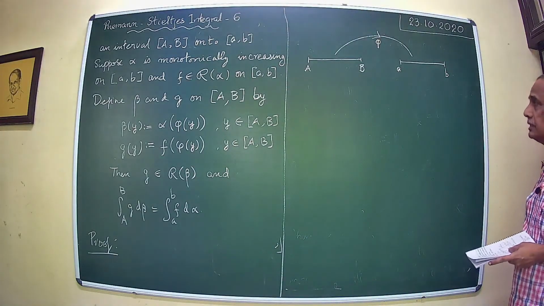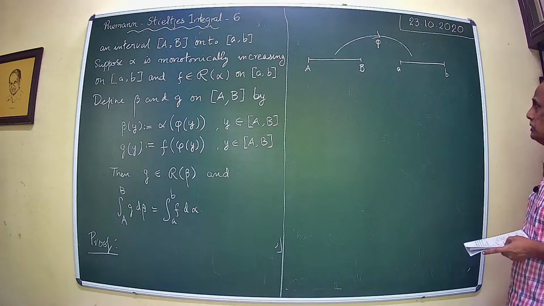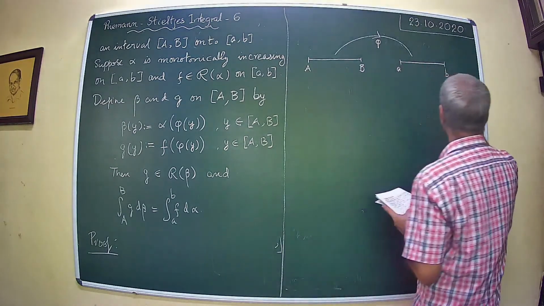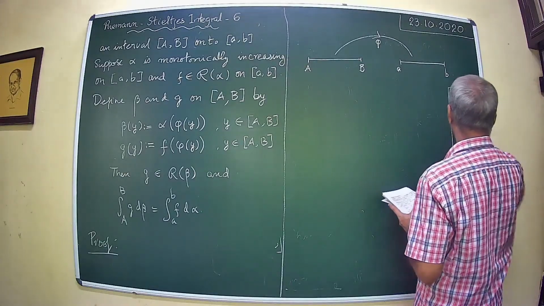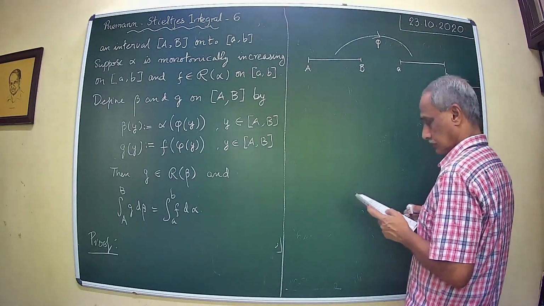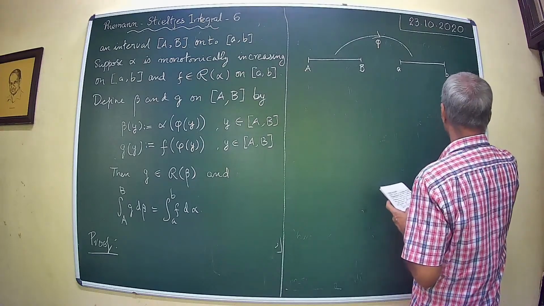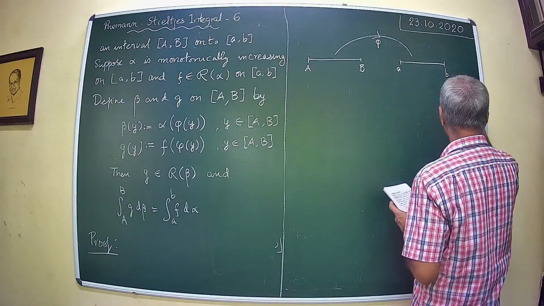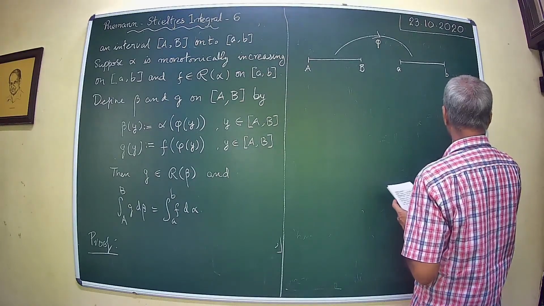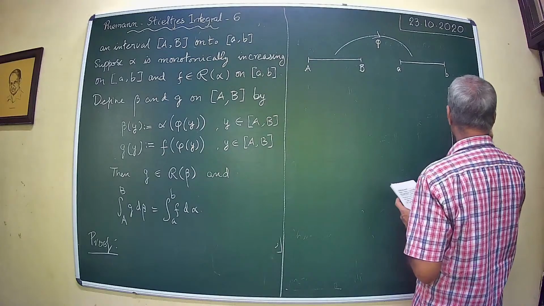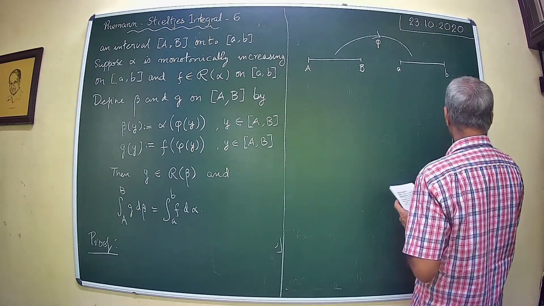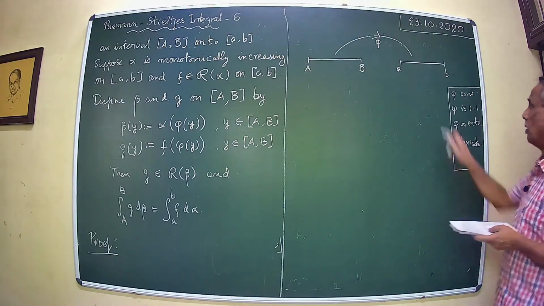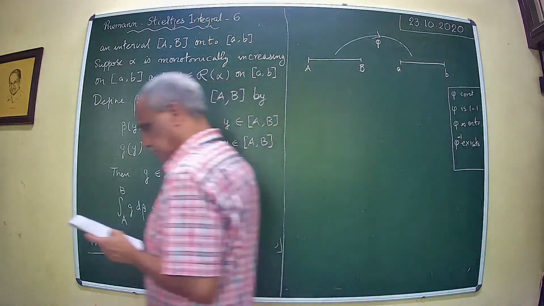Okay, that is the property of phi. So you see that this phi is one-to-one on AB. So phi is continuous. Phi is one-to-one. Therefore, phi inverse exists as a continuous function from small ab to capital AB.